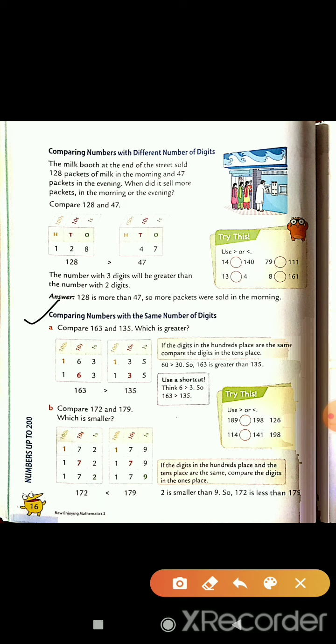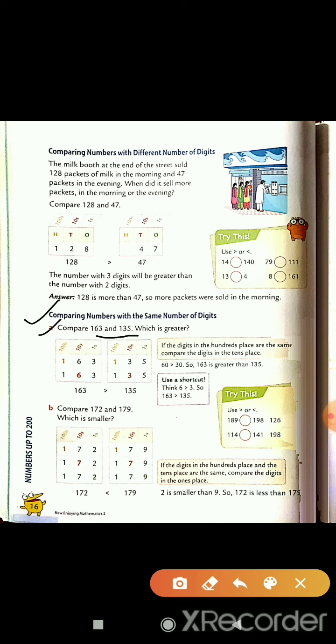For that, let us learn it through an example. A. Compare 163 and 135. Which is greater? So remember always to compare from hundreds, then tens, and then ones.